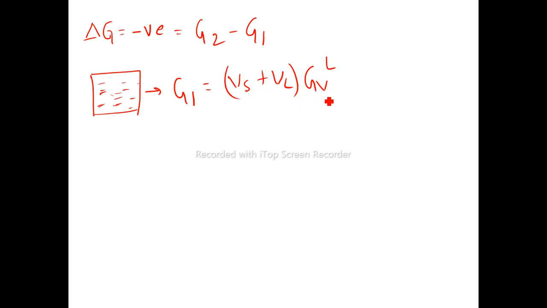Then delta Gv is the free energy per unit volume of the liquid. I will write it.